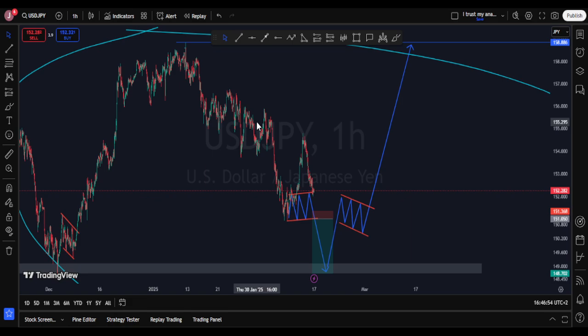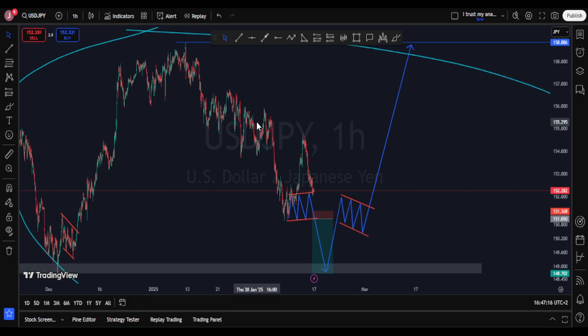We'll be talking about USDJPY. I know I did analysis on USDJPY last week, so go ahead and take a look at that analysis. I'm just going to update it a little bit because I do see another change, but not too much.